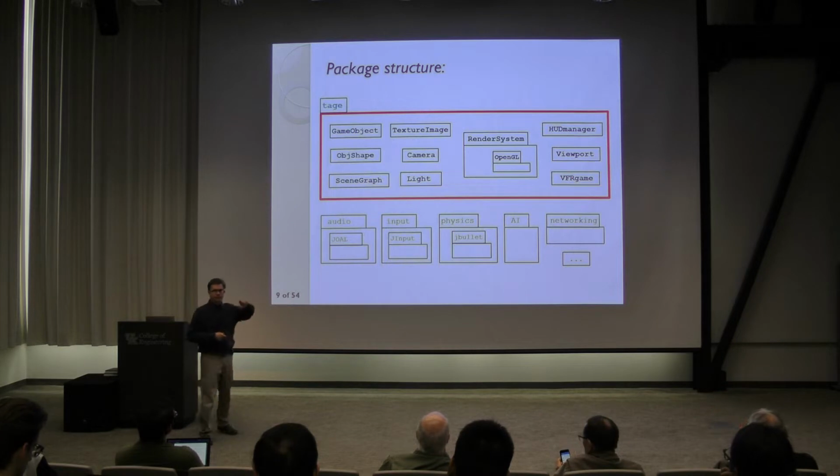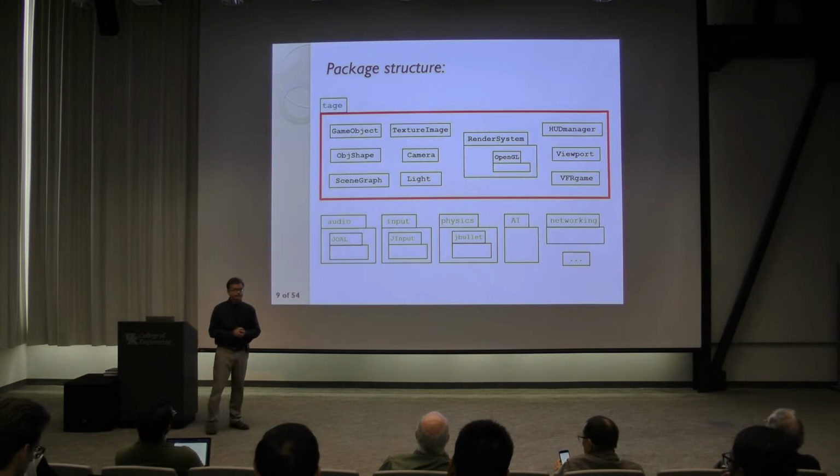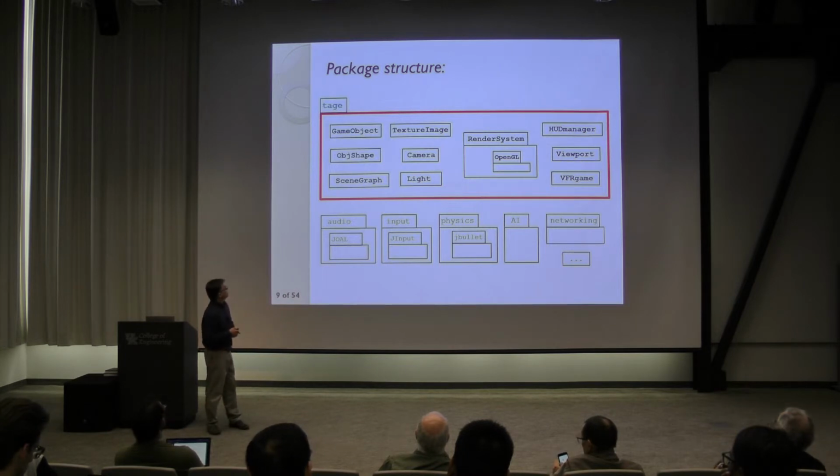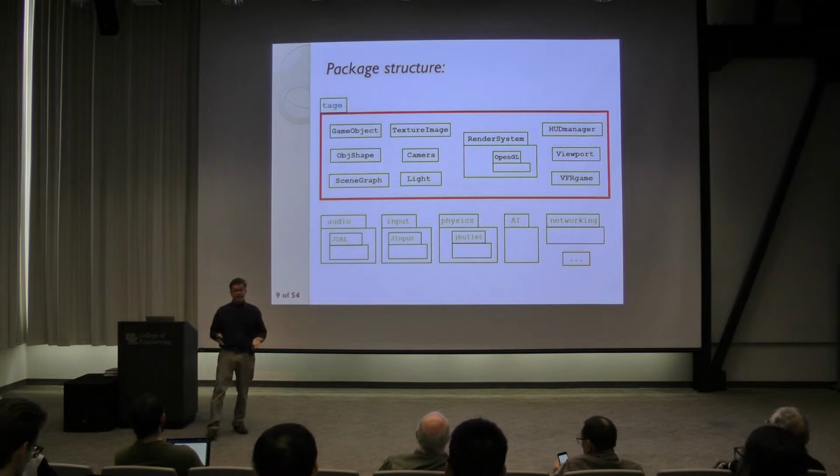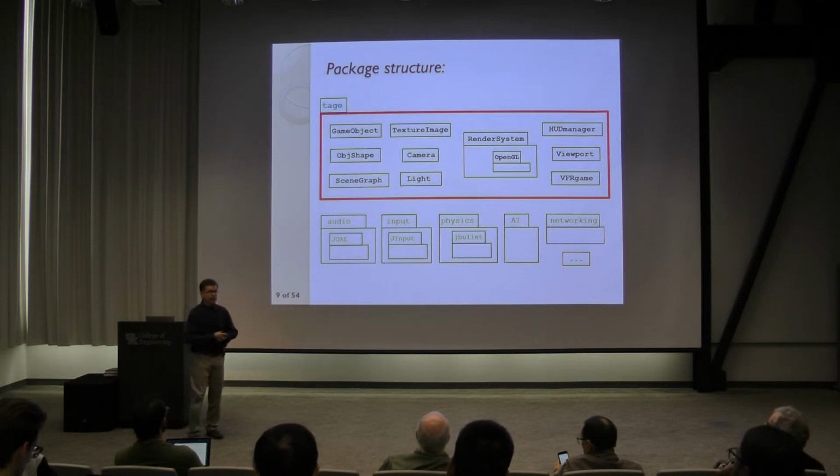You don't have to design your game engine exactly the same as mine. Along the way, I'll show you little places where I made a choice, and you could make a different choice. There are a lot of things that a game engine should provide to make it as easy and as flexible as possible for the game programmer. I've put the ones with this red box surrounding them as sort of the core.